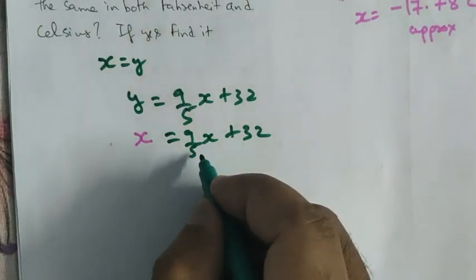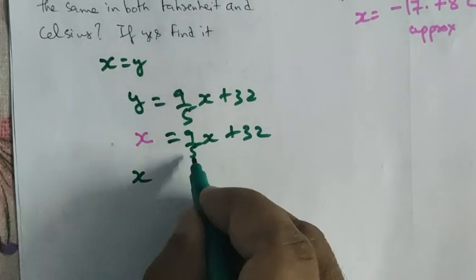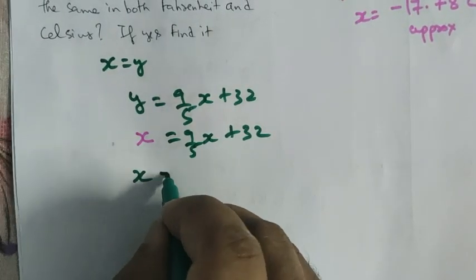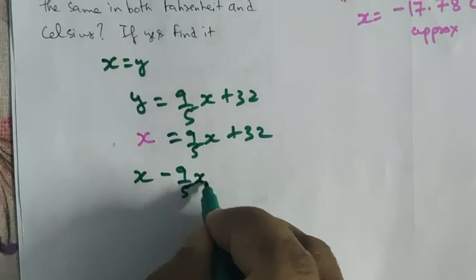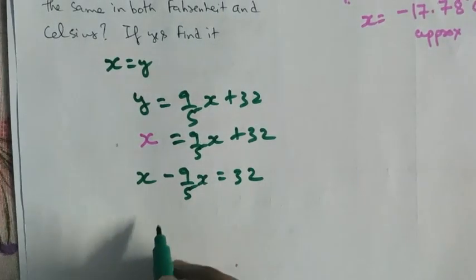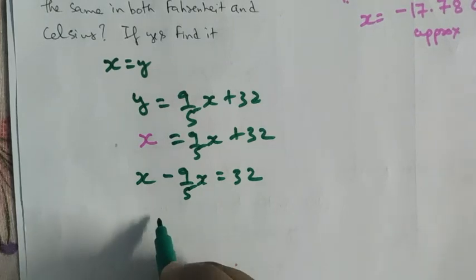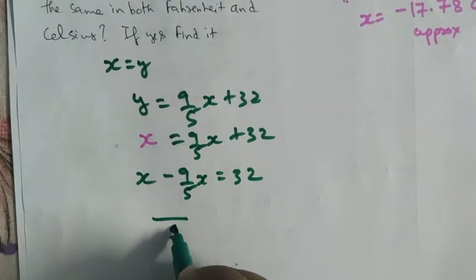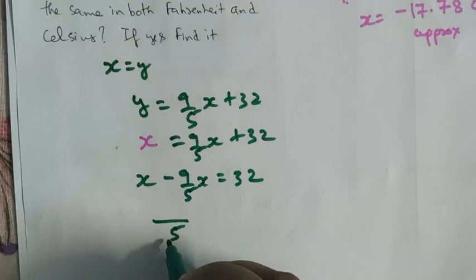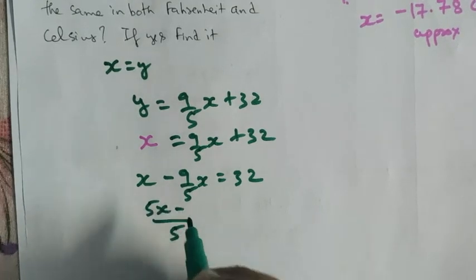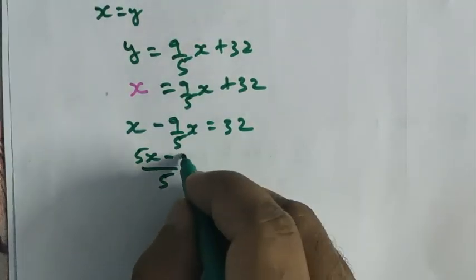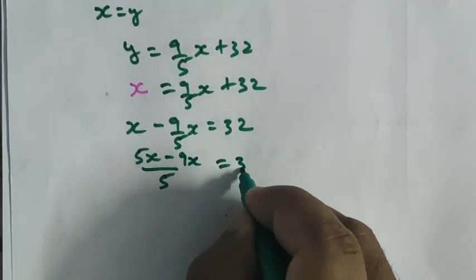So now we will transpose 9 by 5 x from RHS to LHS. So x minus 9 by 5 x equals 32. So we will solve this. LCM of 1 and 5 will be 5. That means 1 5s are 5, 5x minus 9x equals 32, upon 5.